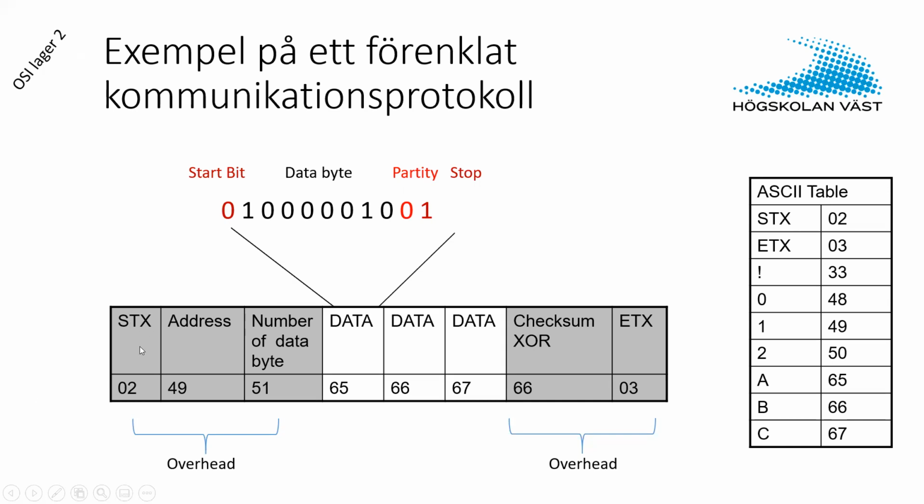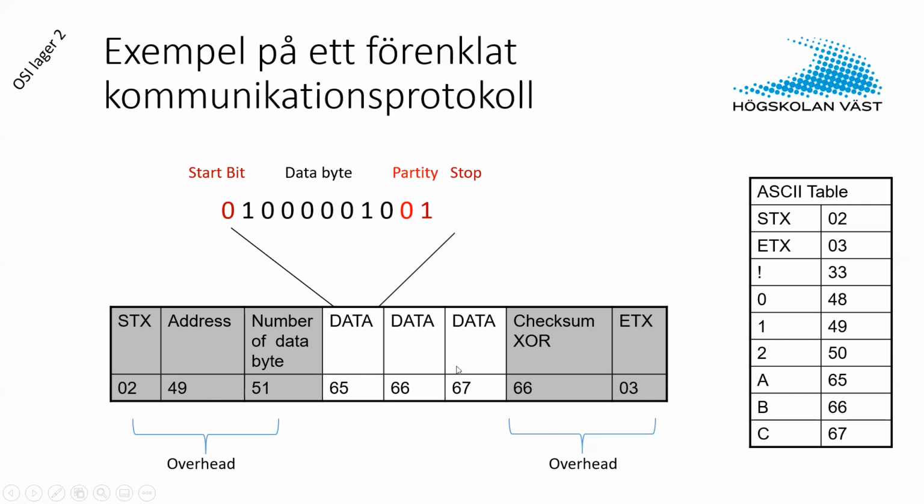STX means that now there is a new packet arriving. And if you have a bus network with many receivers, you might need an address, for example node number 49, that this data is supposed to be sent to. And you very often have a number of data bytes as well, so you know the total size of the whole packet.